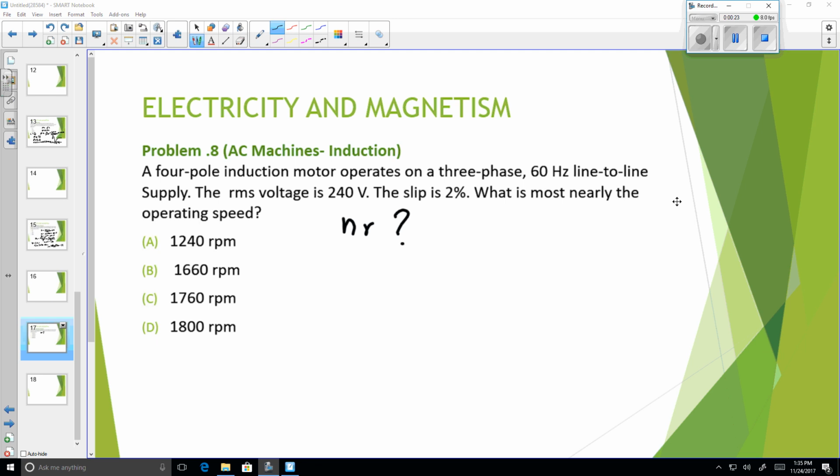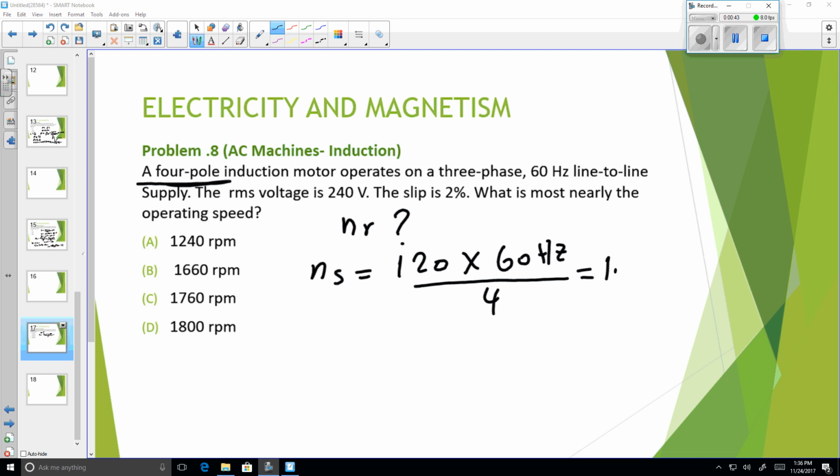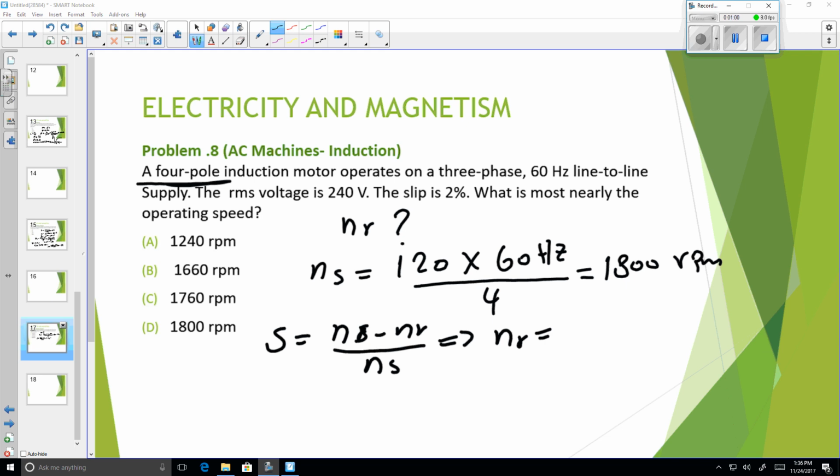Since the slip is given, and we already know from the previous problem that NS is 120 times the frequency of the applied voltage, which is 60 hertz, divided by the number of poles, which is 4 for this problem, that will be 1800 RPM. This is the speed of the rotating magnetic field. Now, since the slip S is NS minus NR over NS, that means NR equals 1 minus S times NS.